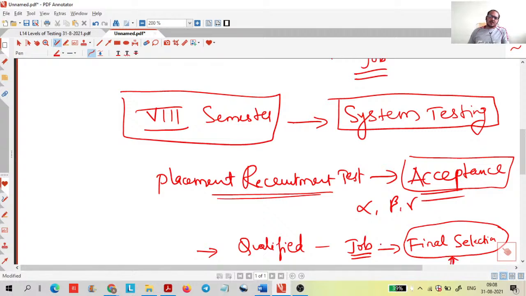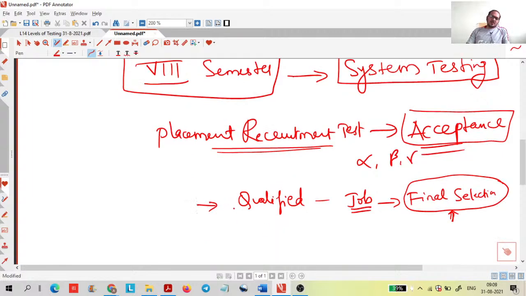Afterwards there is continuous testing, like exploring new technologies during the training period. That comes at the next level.